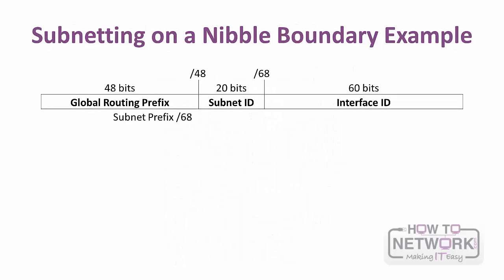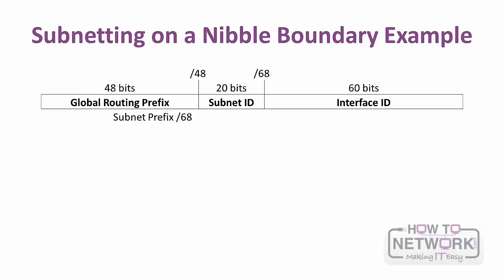In the following figure, we are extending the /64 subnet prefix by 4 bits to a /68. This increases the subnet ID from 16 bits to 20 bits, which allows more subnets but reduces the size of the interface ID.